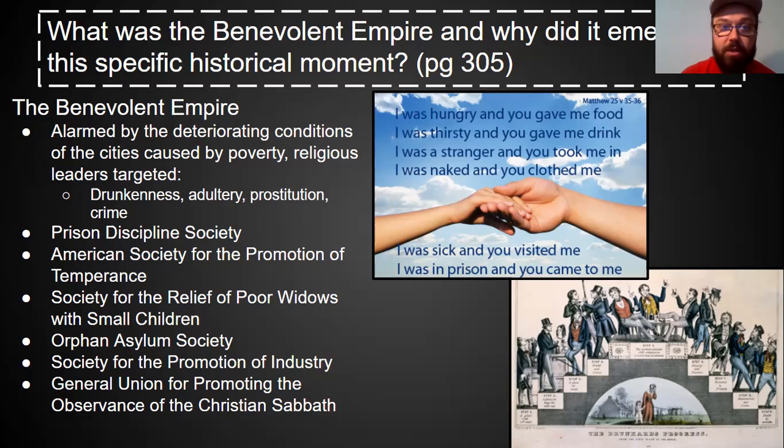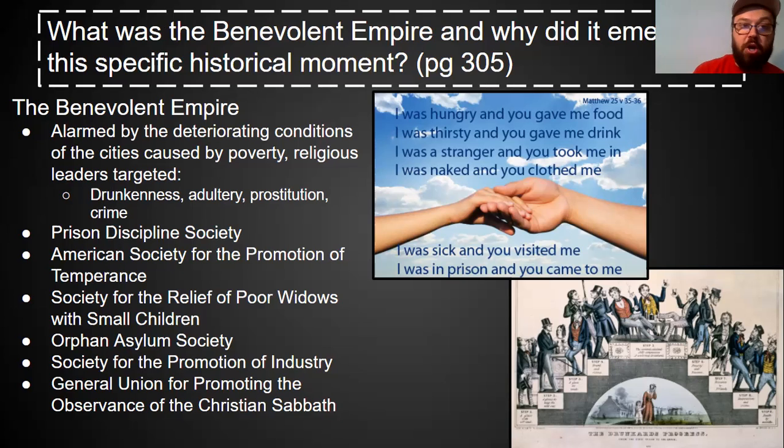But it's an important note about the Benevolent Empire. All of the things the Benevolent Empire does focus on helping you be better, right? Because we're still in this ideology that if you are one of the people living in the working class and the lower class, that you are suffering, you are struggling, it's probably something wrong with you, not something wrong with society.